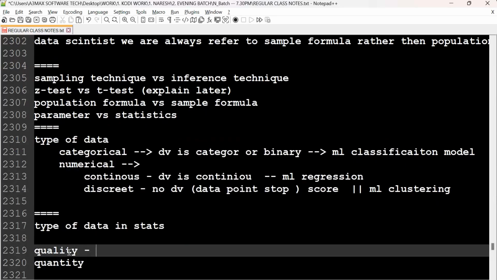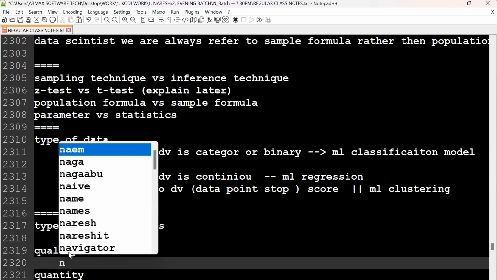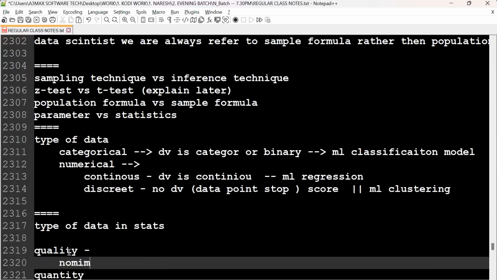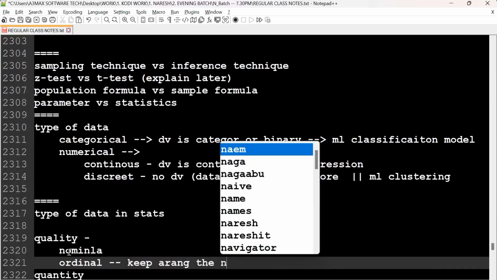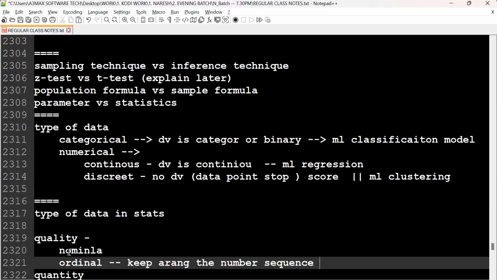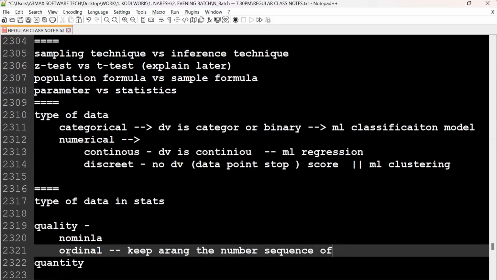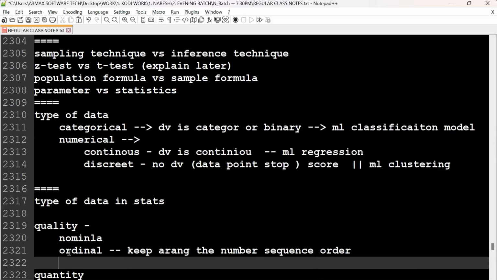In quality, the topics we covered are nominal and ordinal. In ordinal, the values are arranged in sequence order, for example the rate of the meal.